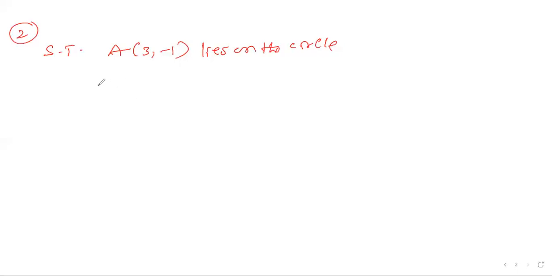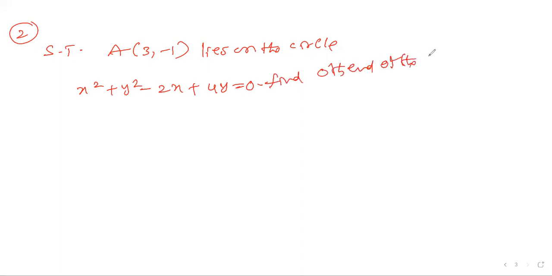The circle equation mentioned is x square plus y square minus 2x plus 4y is equal to 0, and also find the other end of the diameter through A. Find the other end of the diameter that is passing through A. The question is very clear.